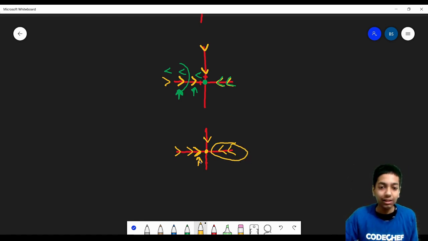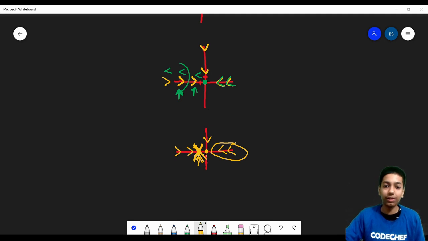So for this ant, there are two cases for the closest ant. If it is colliding, then it's meeting all the ants on the left. And if it's not colliding, then it's meeting all the ants on the right. And after that, we can simply remove this from our stack or deque or list or array or vector or anything you want. So we can basically remove the ant because we have counted the number of collisions.